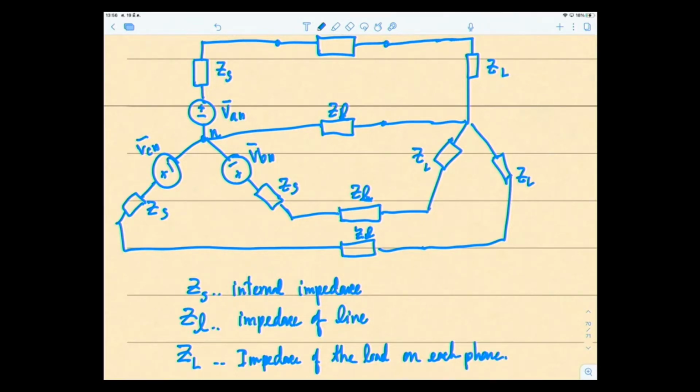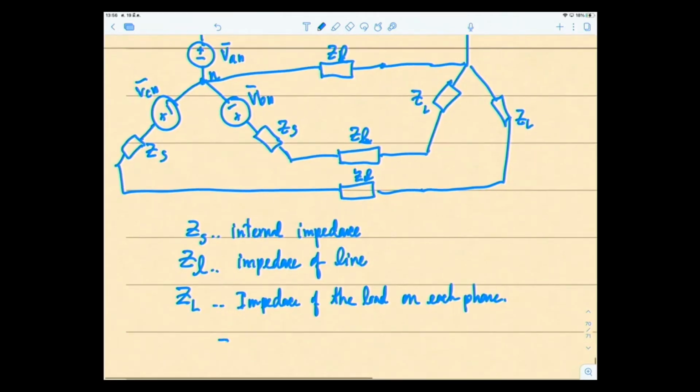However, what we are going to do in this beginning course is assume that the impedance of the line, the small l, and the internal impedance that comes with the source, are very small when compared with the load.